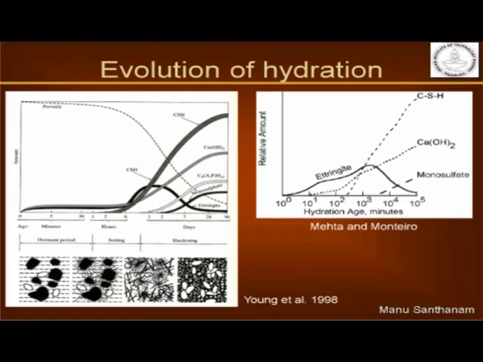Now why is it called setting? Because at that point you have formed an interconnected hydrated structure which resists the penetration of the needle. That's exactly the true meaning of setting. That's because of the CSH and ettringite that have developed and formed a network.